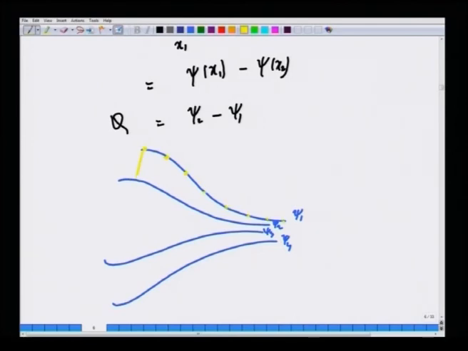So, if I take psi 1 minus psi 2, the difference is constant from here to here, because it is the same 2 streamlines, but here the distance between those 2 streamlines is much more compared to a point like here. If the difference between the 2 stream function values is related to the volumetric flow rate, the same amount of volume has to flow between these 2 points as well as these 2 points, because psi 2 minus psi 1 is constant.